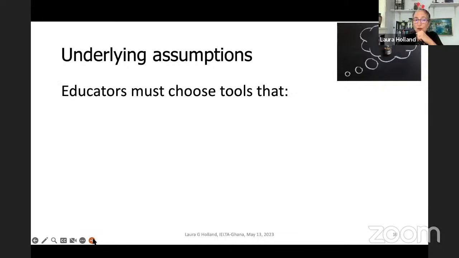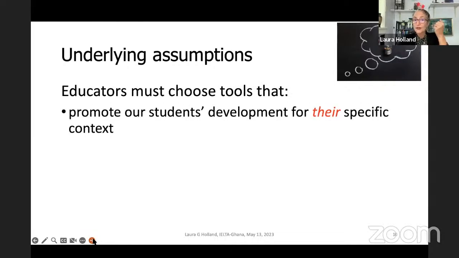Educators have to choose tools that promote our students' development for their specific context, right? I'm not going to teach pronunciation the same way here in the United States as I would in Peru, for example. I might have some different expectations.